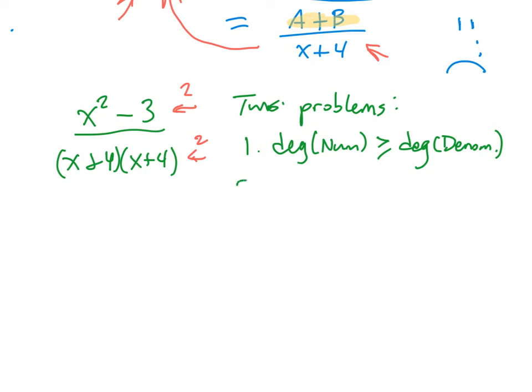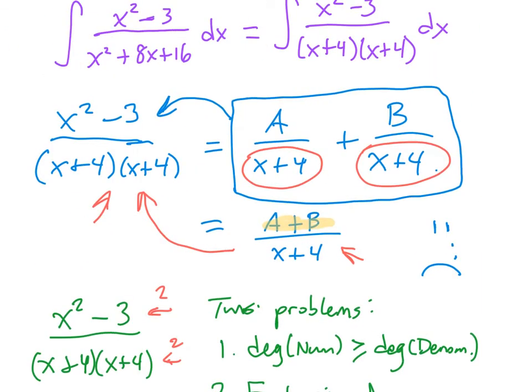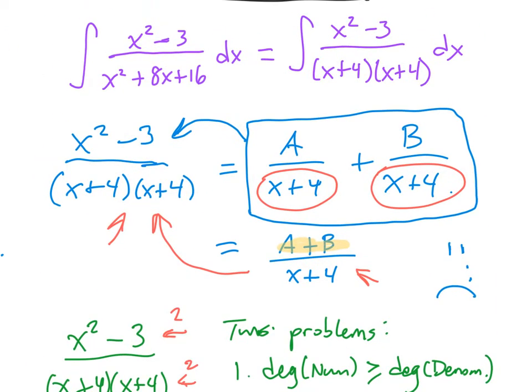And then the other part is the factors in the denominator are the same. And you might have noticed how that came into play up here when we were trying to do a partial fraction decomposition on this function here. When I wrote my partial fractions, they both had the same denominator.